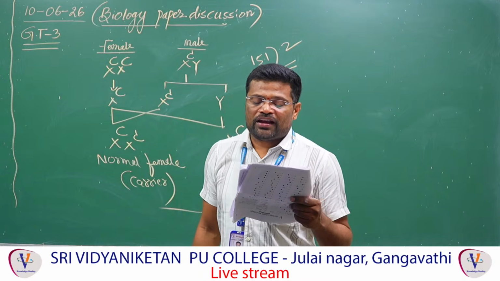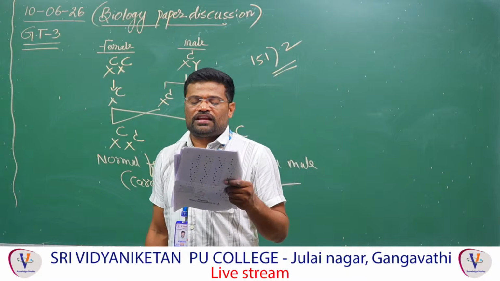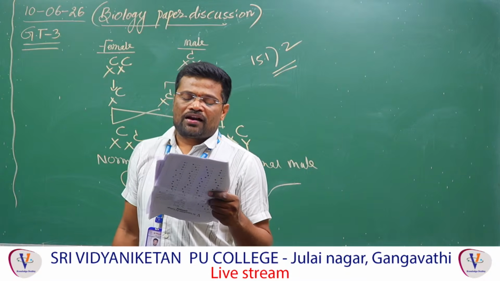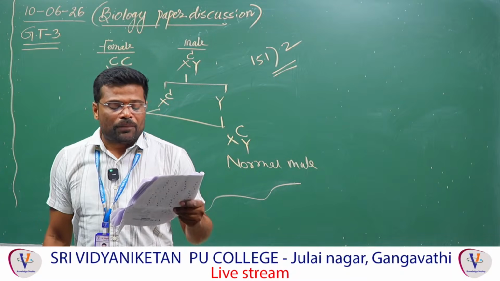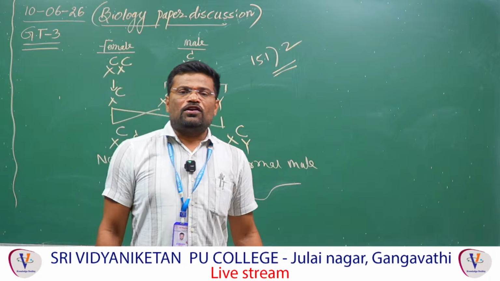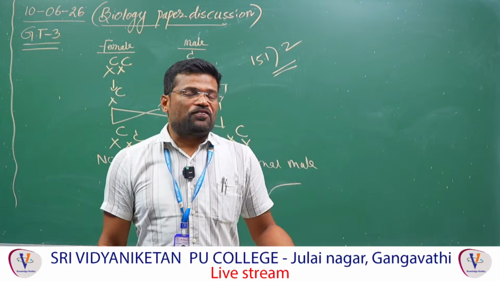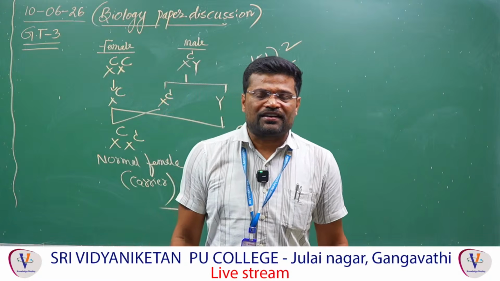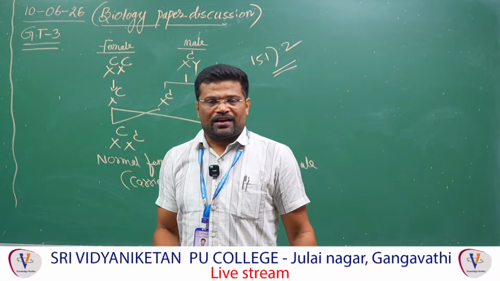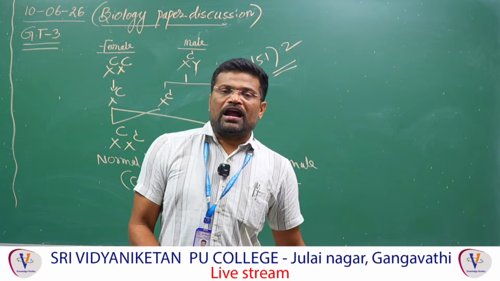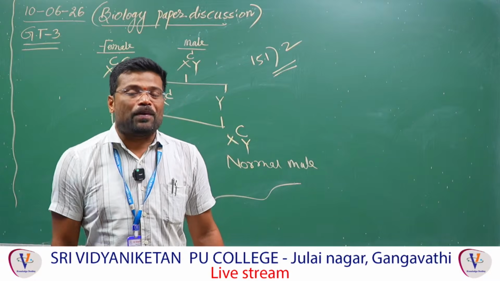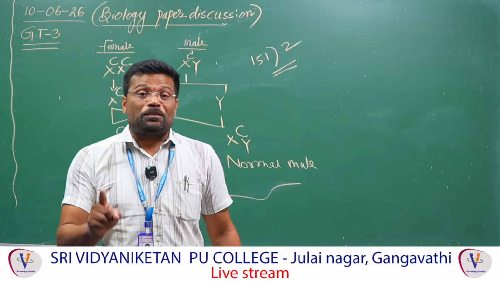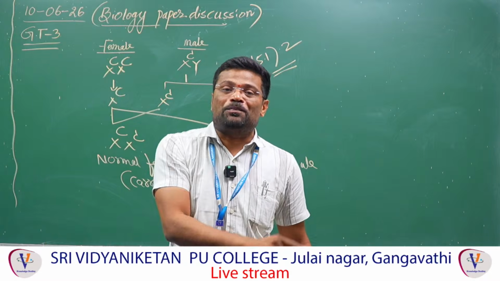C. Rauwolfia vomitoria in the Himalayan ranges shows variation in the concentration of the active chemical called reserpine. C is absolutely correct. Rauwolfia vomitoria shows greater genetic diversity. Rauwolfia vomitoria can survive in the Himalayas. It secretes one active chemical called reserpine, which is responsible for the treatment of high blood pressure.